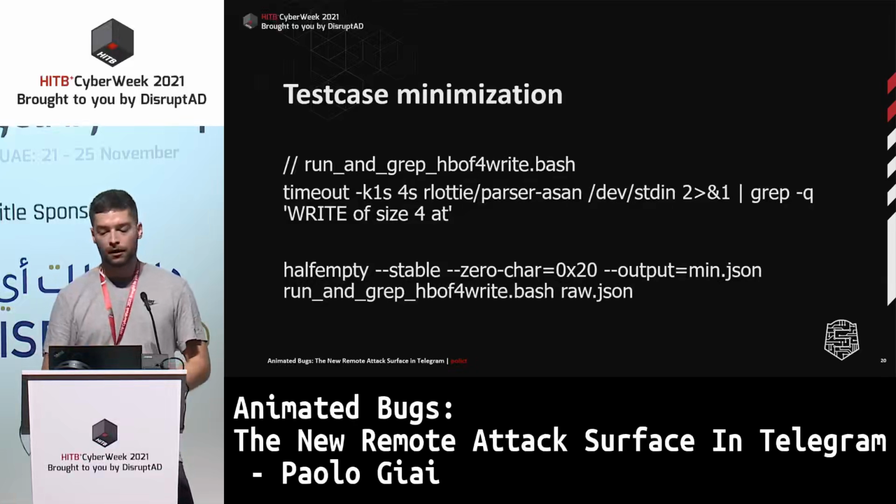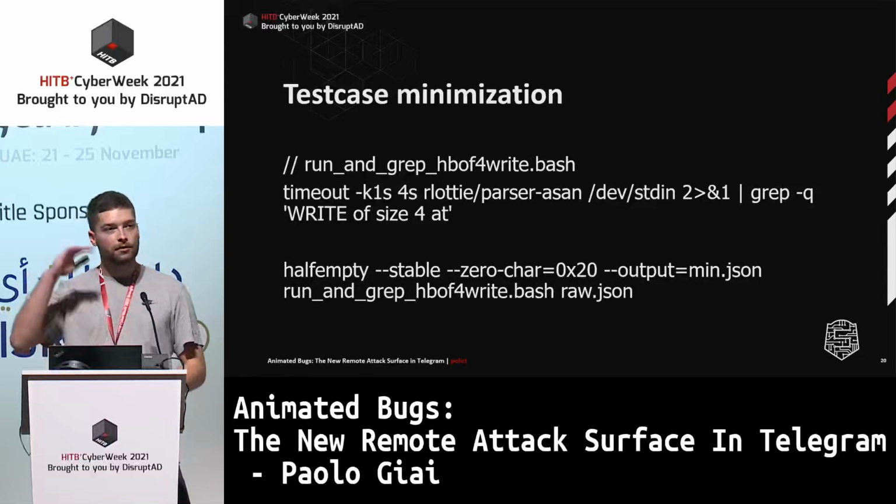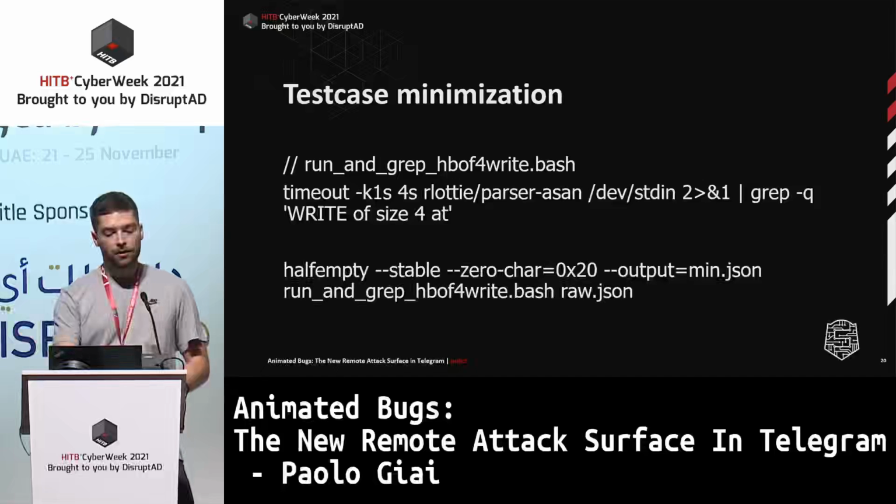Of course, I could have filtered for the program counter, for the stack trace, or whatever I wanted from the AddressSanitizer report, but I had just this specific write of 4 bytes, so I just wanted to do it this way.